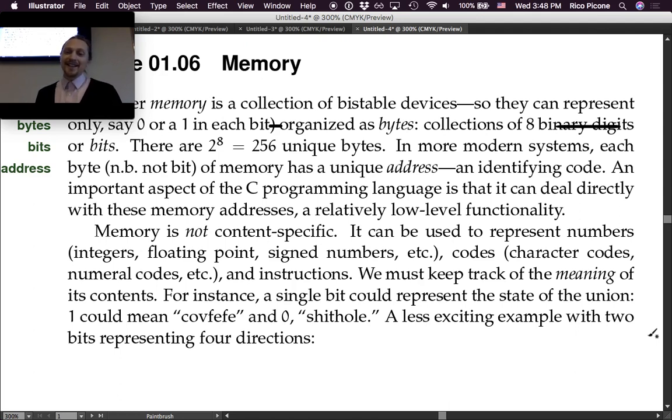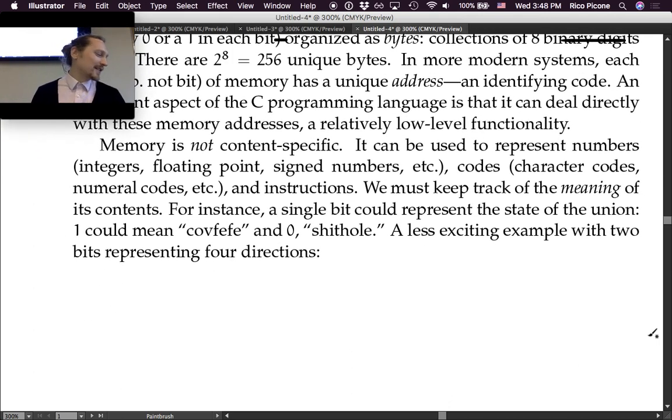A less exciting example with 2 bits representing 4 directions would be, so if we have 2 bits, we have 4 possibilities, right? We have 1, 1, we have 0, 0, we have 0, 1, and we have 1, 0.